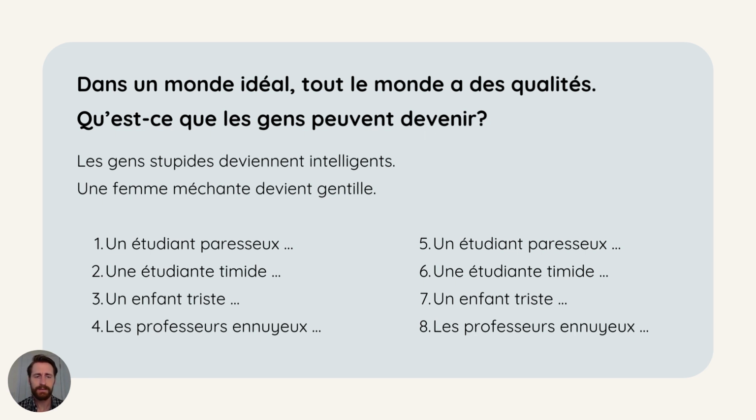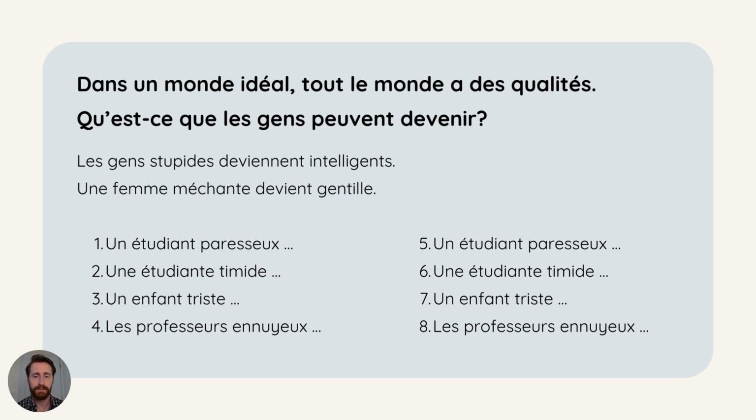So again, these can be a lot of different examples. So it's up to you. I'll give you some examples of possible answers. Un étudiant paresseux devient engagé. So a lazy student becomes engaged.